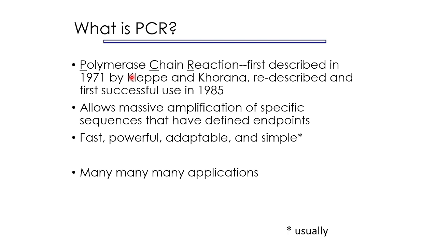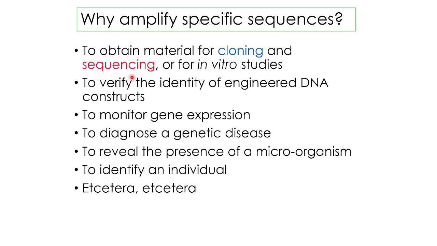This allows massive amplification of specific sequences that have defined endpoints, and it is a very fast, adaptable, simple and powerful technique which allows us to apply it in different ways, and it has a broad field of applications. Because of this PCR is very famous in laboratories, and in forming the different clones of your plasmids and all.